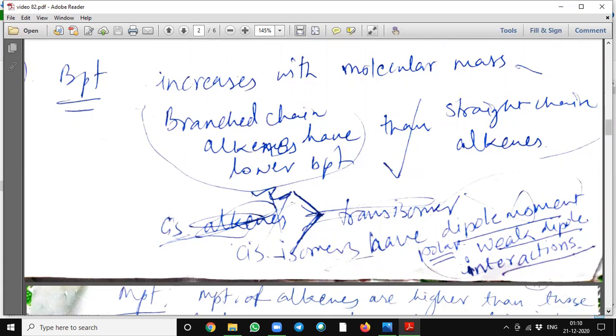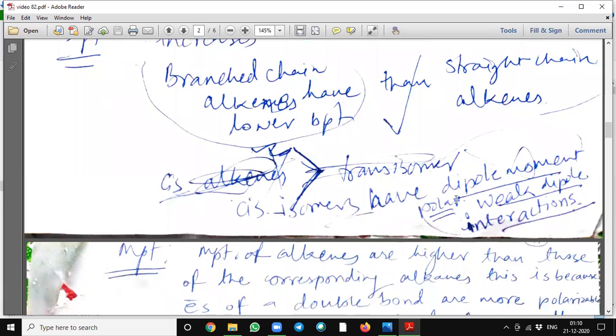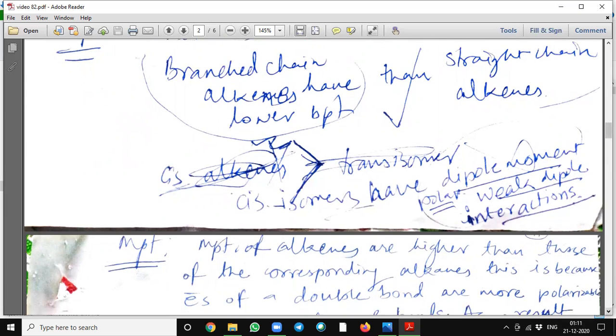If we compare cis and trans, the cis isomer has a dipole moment. They are polar with a weak dipole, while trans has a weak dipole moment interaction. So cis has a higher boiling point compared to trans isomers.